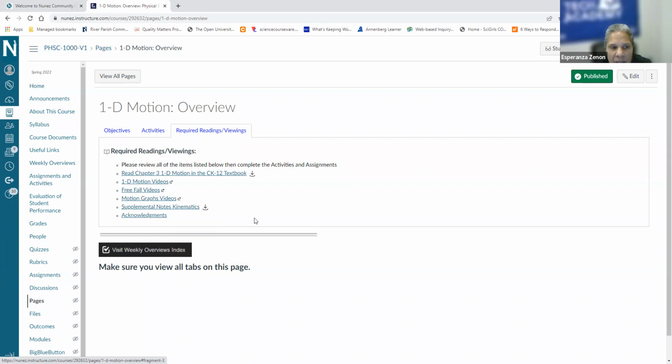Well, that acknowledgements link that you see in every weekly overview is a page that I create, giving proper credit to those sources that I use to develop this unit or overview. Just to answer that question, because students ask what they're supposed to do with that: nothing. It's there so that the world knows I'm not pirating anything. I'm using these resources legally.